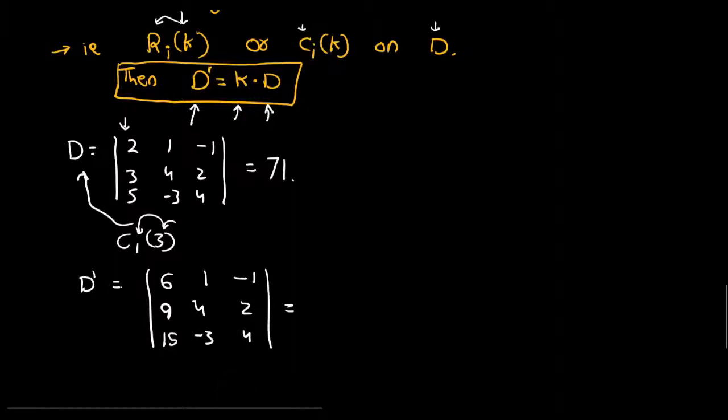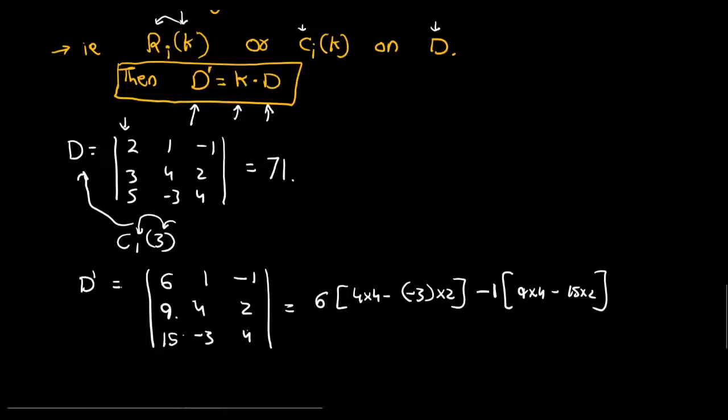Now if we solve this determinant, what do we get? 6 times (4 times 4 minus of minus 3 times 2), right? Next value, minus of 1 times (9 times 4 minus 15 times 2), which is this times this minus this times this, plus the third element of the first row, which is minus 1 times (9 times minus 3 minus of 15 times 4), right?